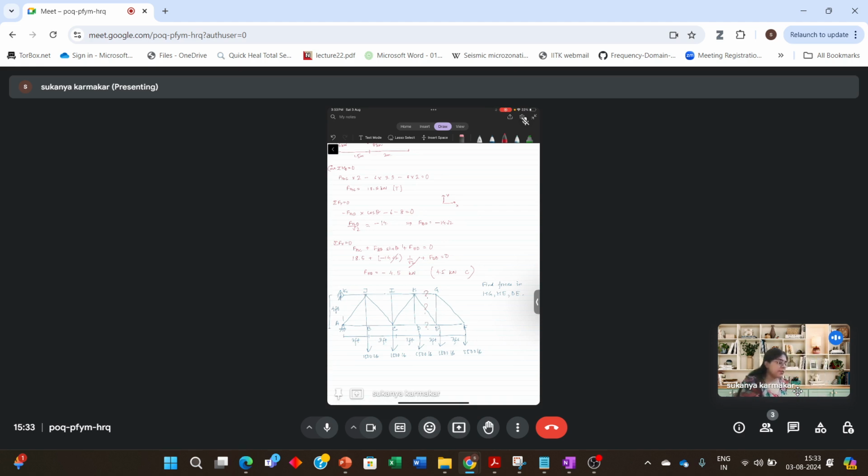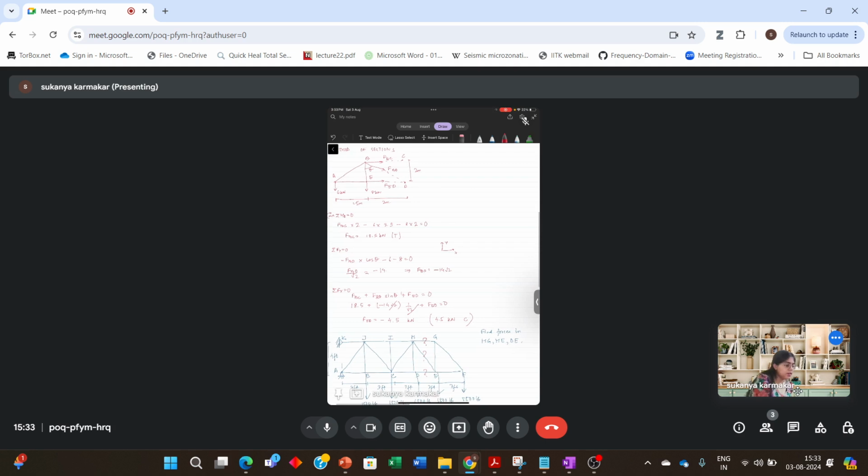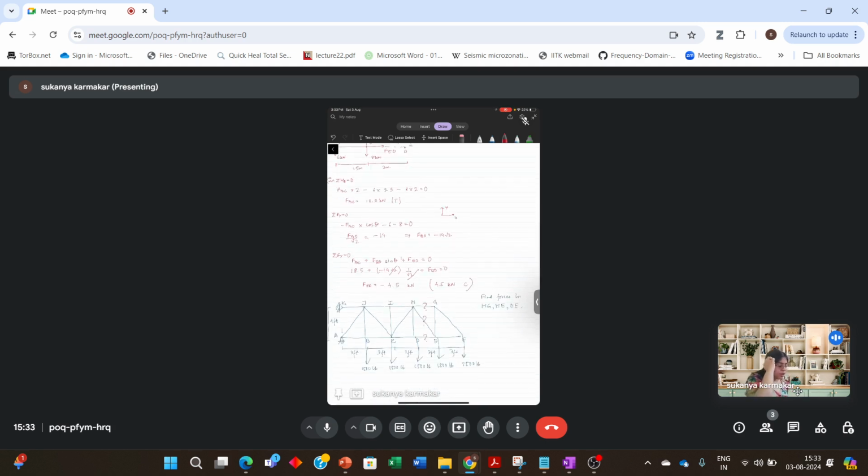So as we did in the last question, you can even use the method of joints, you can start from the point F and the two unknown forces at this joint F are EF and FG. Then you go to joint E, where at joint E you can't proceed since there are three unknown reactions.